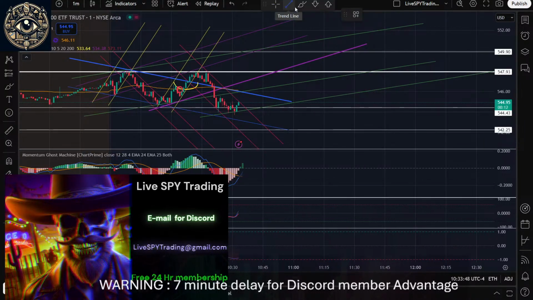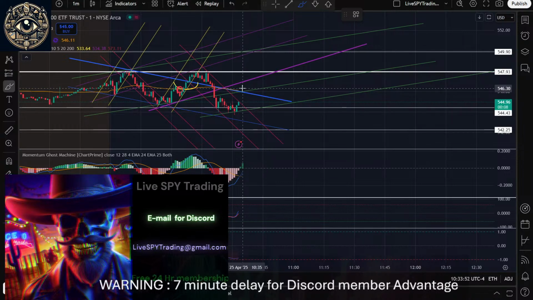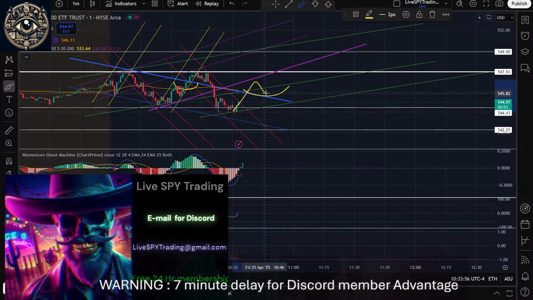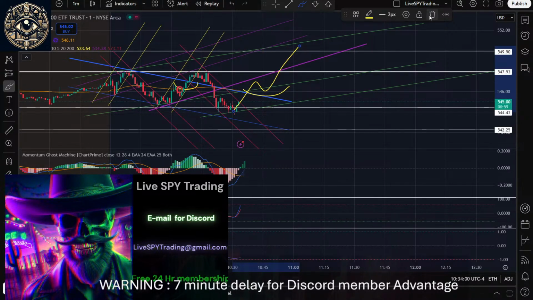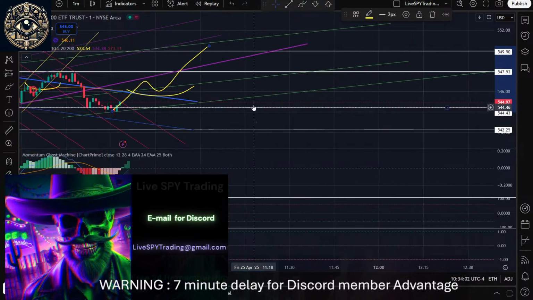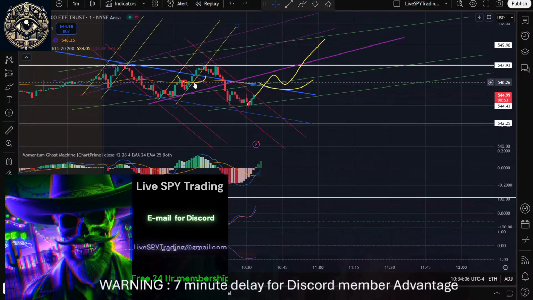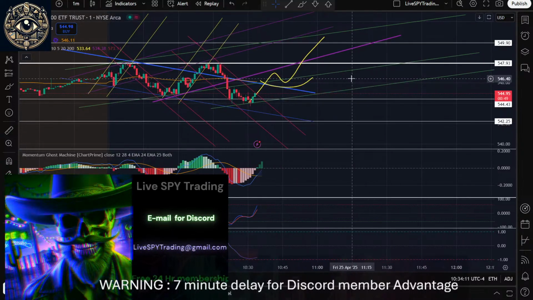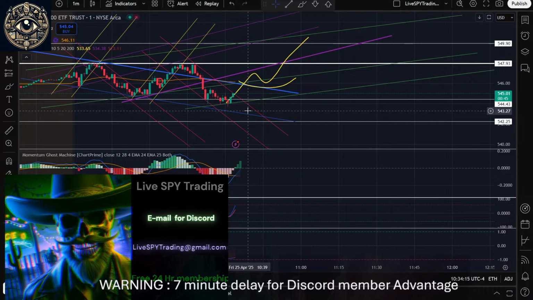We want to look for blue to form some type of support. All right, we broke magenta.